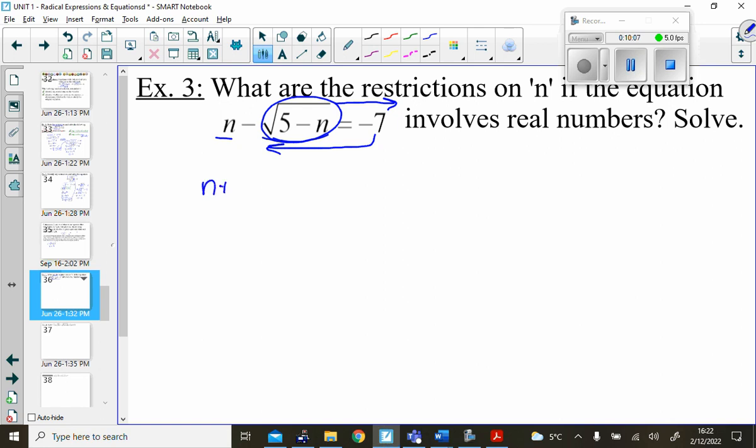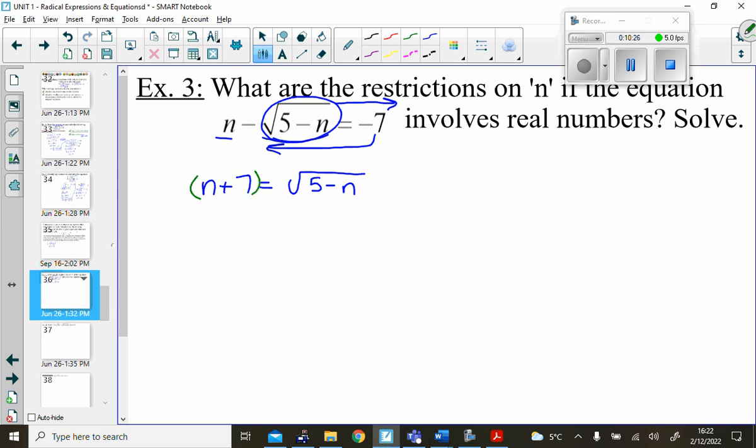So I'm going to get n plus 7 equals the positive square root of 5 minus n. Negative 7 goes to the left, negative root goes to the right, both of them become positives.